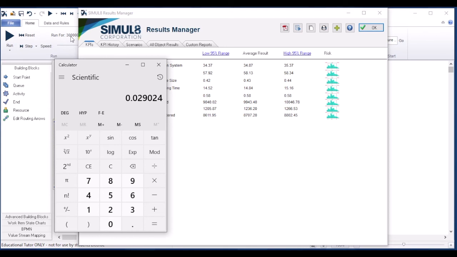If you want to convert it to per hour, times 60 minutes per hour, and that gives you 1.74144 customers per hour, being the effective arrival rate. And that is very close to the theoretical answer for lambda e, which, according to the lecture notes, is 1.754. So the difference is less than 0.1.